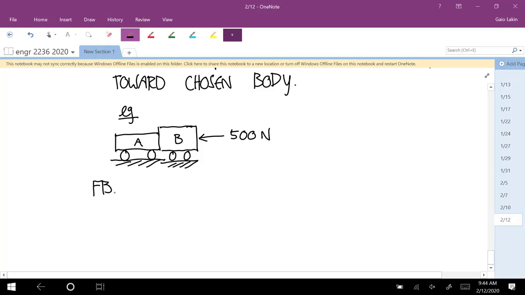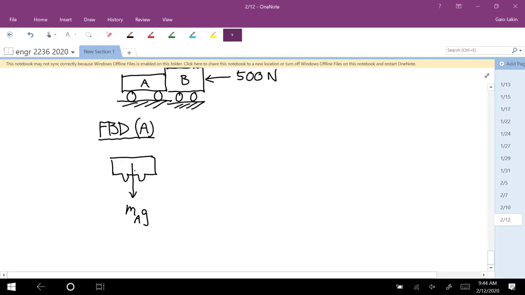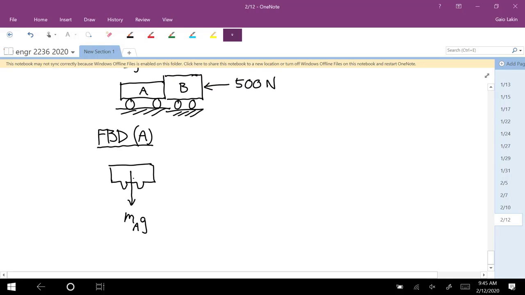Then a free body diagram of A has the weight, so I'll call that MA times G down. And now all we have to do is go around the boundary looking for contact with the surroundings.